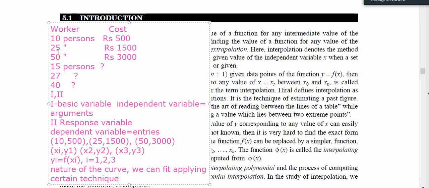Now, second application: if some person who is responsible for this work, who is getting this work done, says that if 15 persons work, then what is the amount of cost? So 15 lies between 10 and 25.